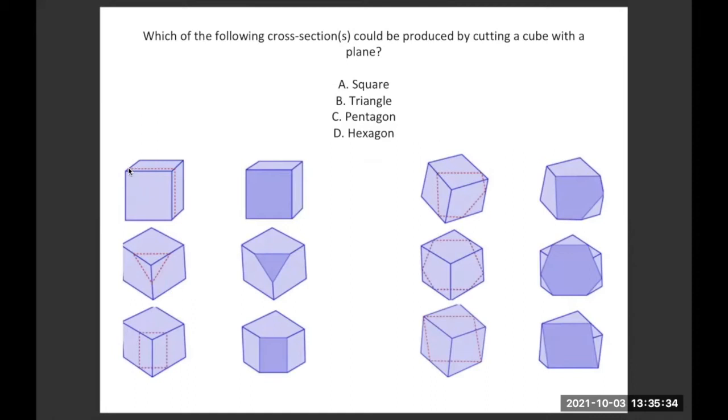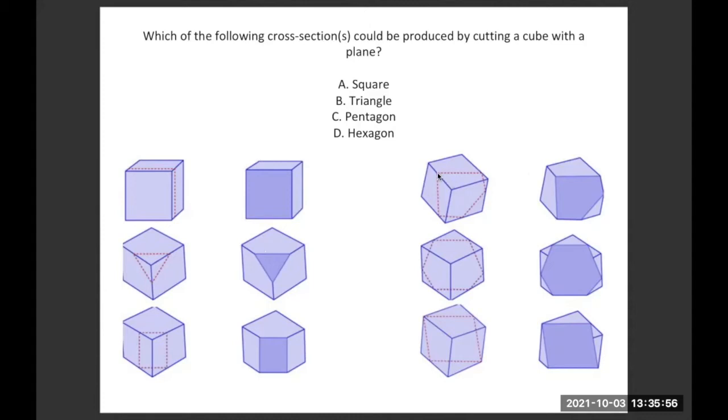So you see there's a cube, and if you cut that cube along that red dotted line, you get a square cross section. If you cut this cube along the diagonal dotted line like this, you get a triangle. If you cut this cube along this dotted line vertically, you get a rectangle.